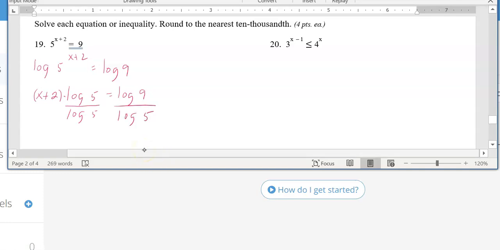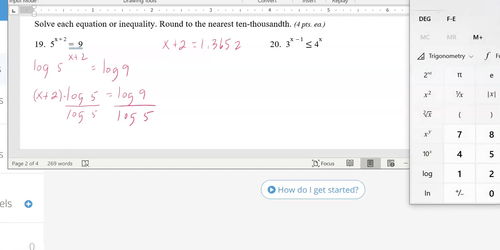Okay, and you'll need to go to your calculator at this point, and I'm going to pull up my Windows calculator, but you're going to do log 9 divided by log 5. And it looks like that is 1.3652, I believe. All right.